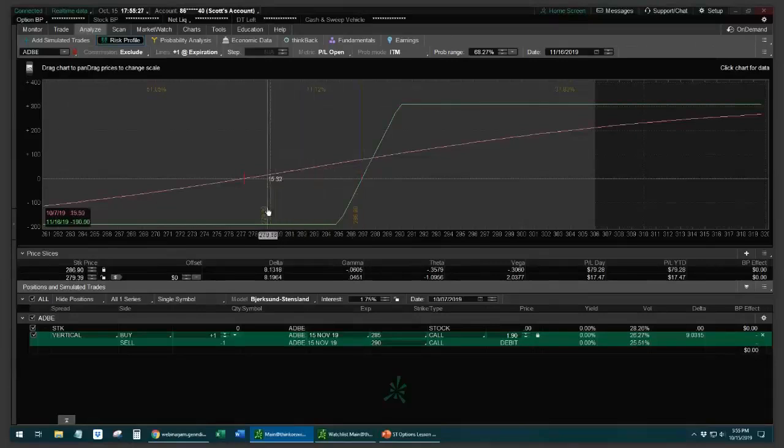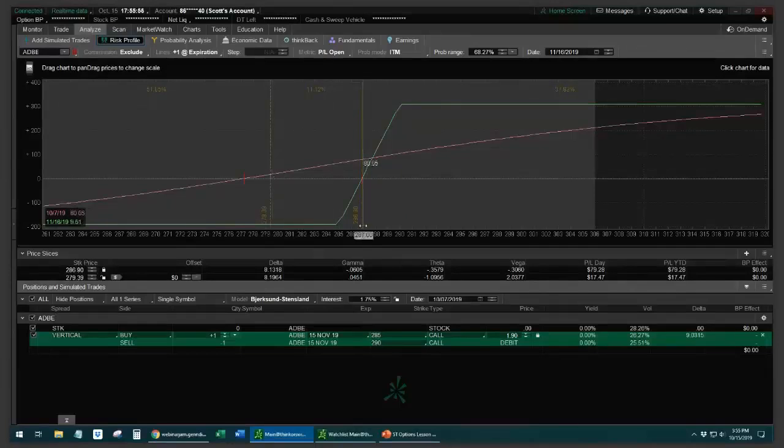Our current price is here at 279, back on the 7th of October. Are we going to make money if this thing stays the same? Here's where the visual Greeks come into view. Green line is expiration valuations. So if the stock stays where it is, we lose $190.